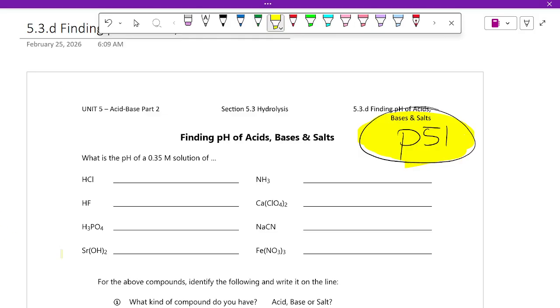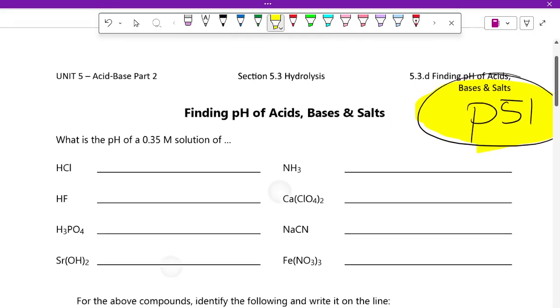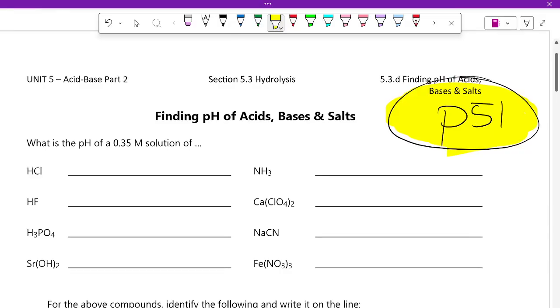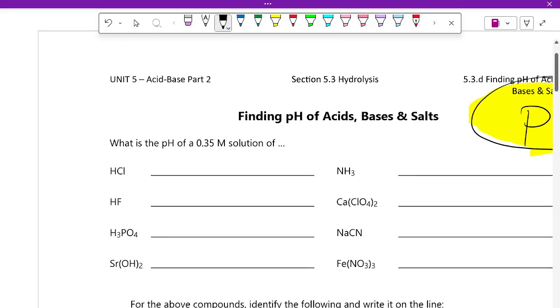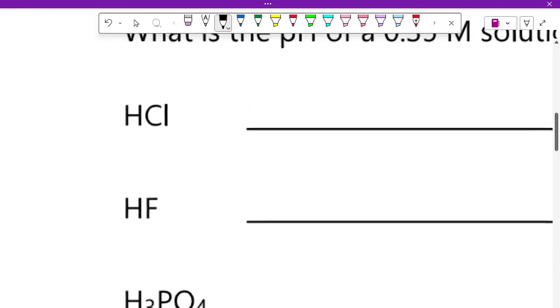You might be given a list like this where it's like, find the pH of all of these solutions. Anytime you're just told find the pH of a solution, you won't necessarily know if it's an acid or a base or a salt until you think about it. So in each of these cases, let us determine, is HCl an acid, a base, or a salt?